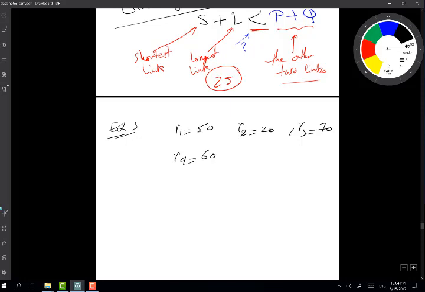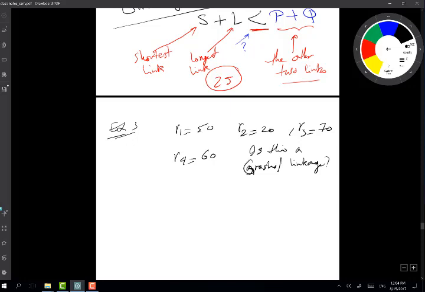Then is this a Grashof linkage? I'm asking you now.